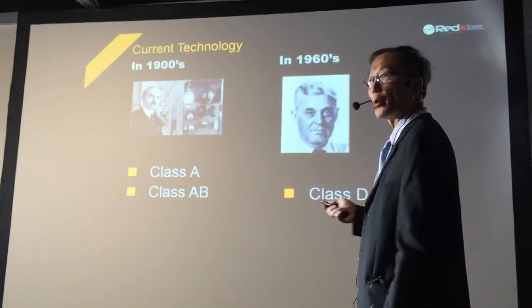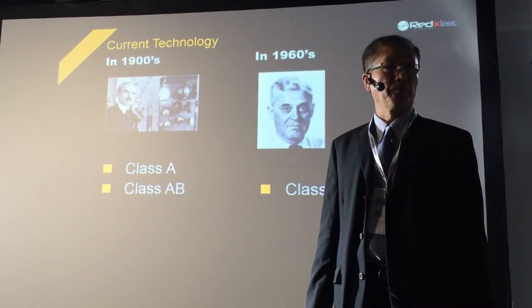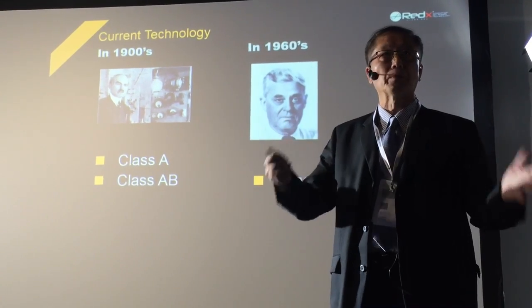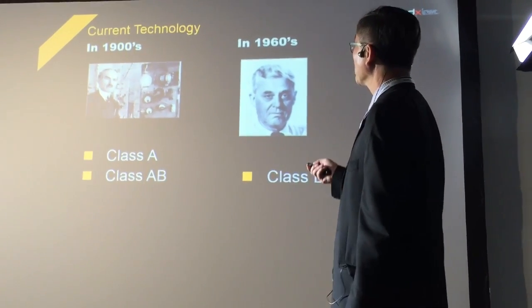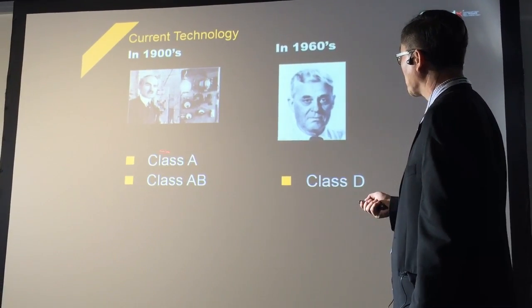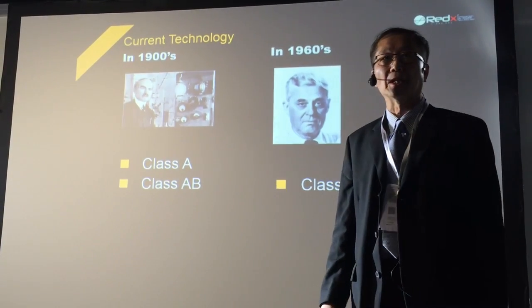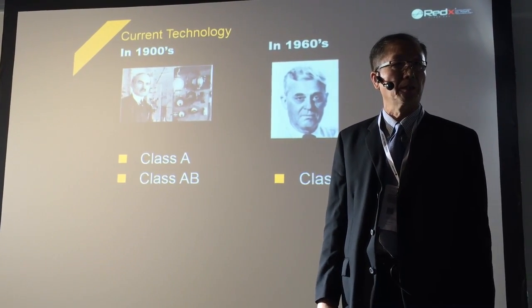So what is the new technology? What about it? Okay, we're going to go through it. First, I would like to review the current topologies for amplification and do some comparison. First, the very commonly used topologies are Class A and Class B, which were invented in the early 1900s and are used until now.